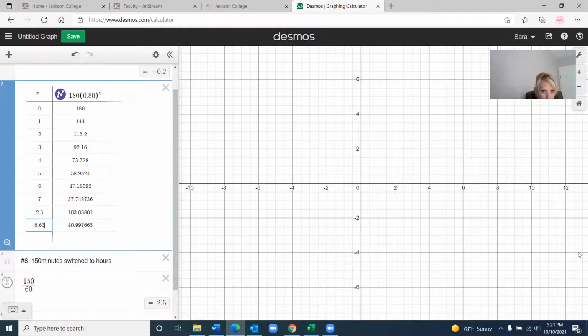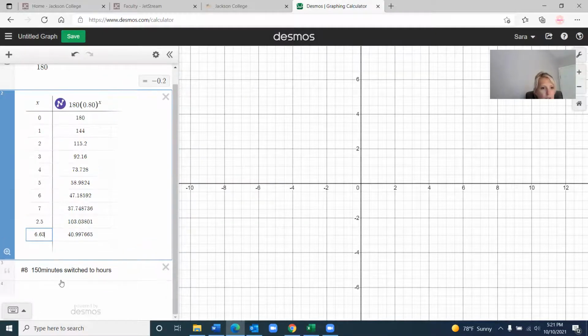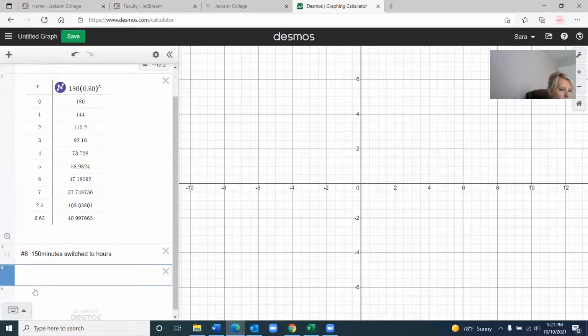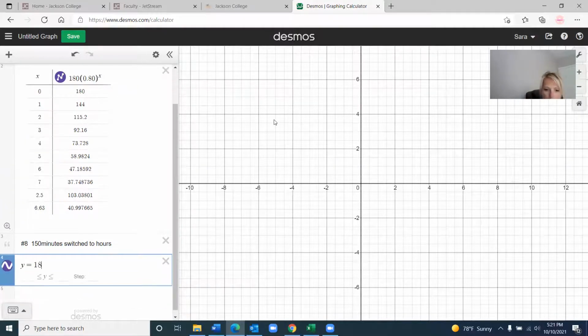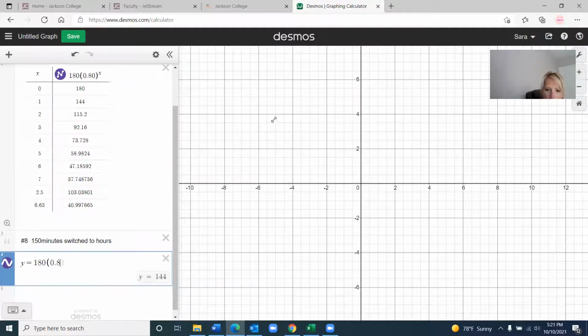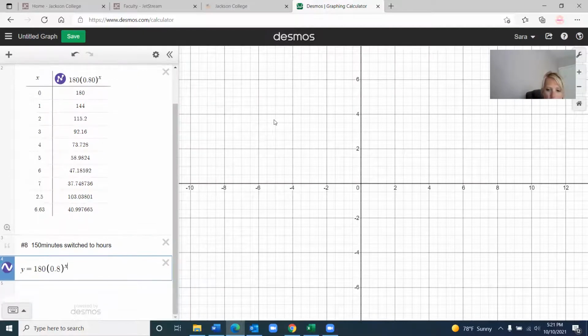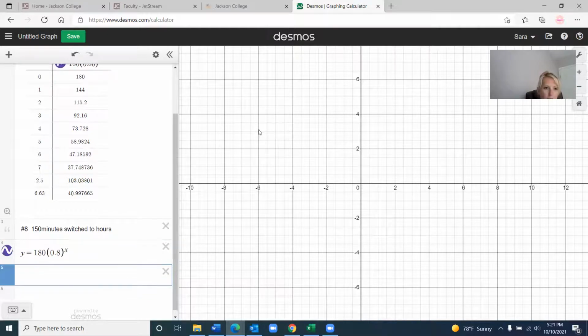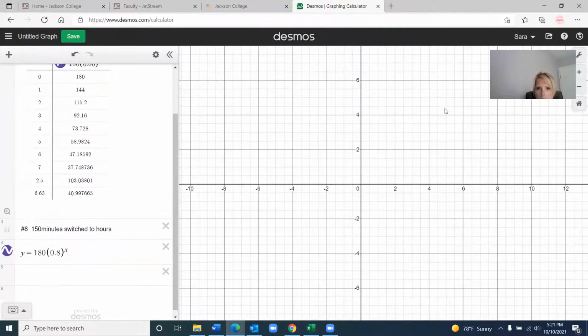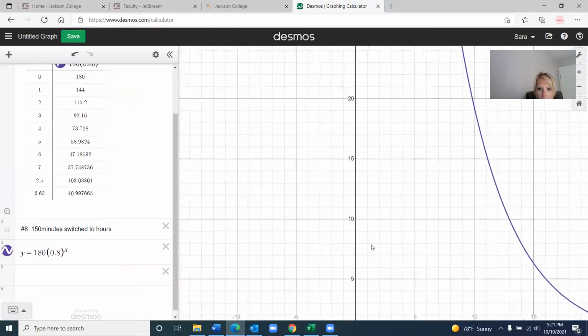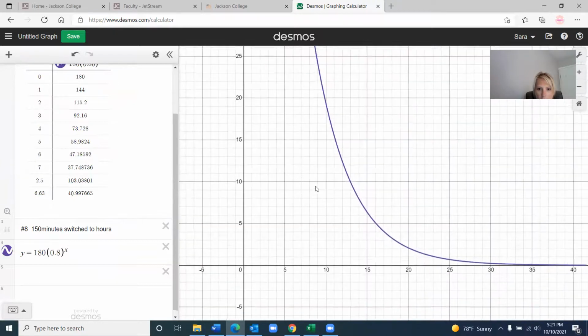We could also type in our equation again. So y equals 180 parentheses 0.8 parentheses to the x. And then look at our scale in here.